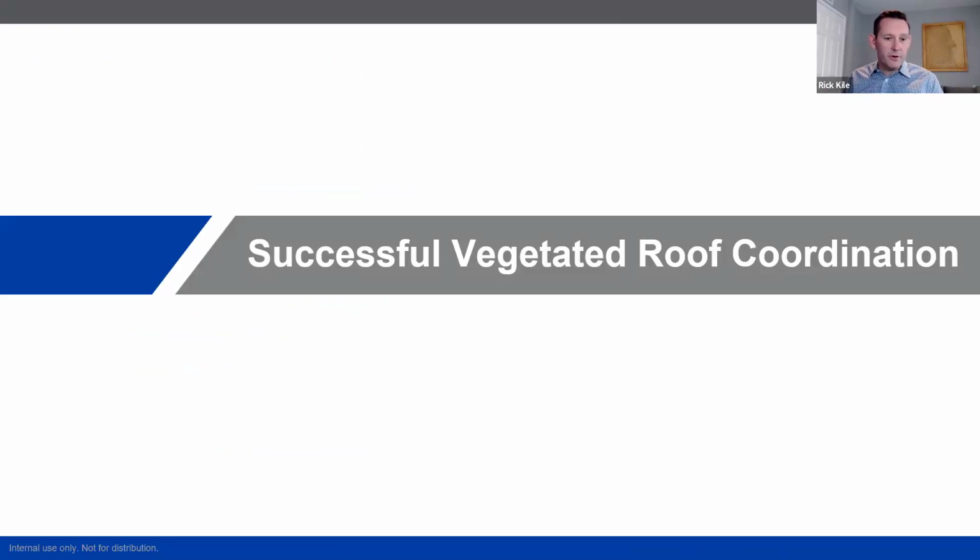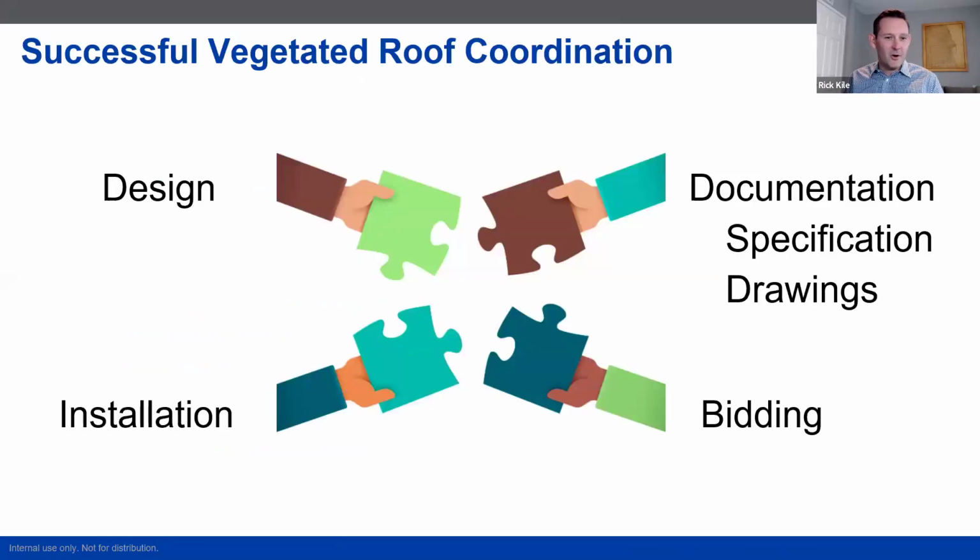So about 45 minutes in, we're finally to successful vegetated roof coordination. Hope you're all still with us and learning a lot. Vegetated roofs literally add additional layers of complexity to our project. With that, they can bring a landscape architect into a roof space that might not otherwise have one.